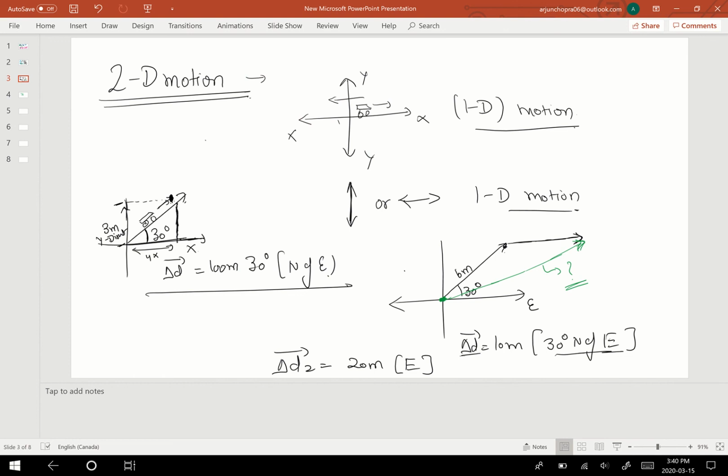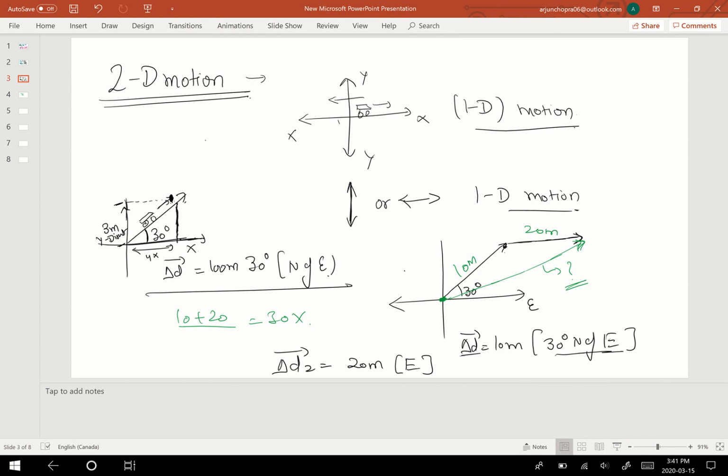This was 10 meters, and this one was 20 meters. So how do we solve this kind of question? I can't directly add these two vectors. I can't say that 10 plus 20 will be equal to 30. That would be wrong. Neither can I apply the Pythagorean theorem.